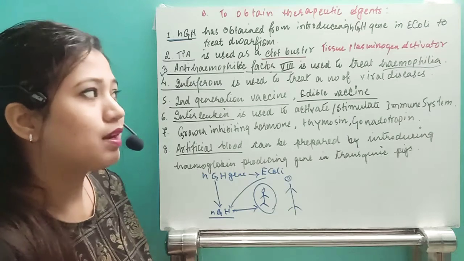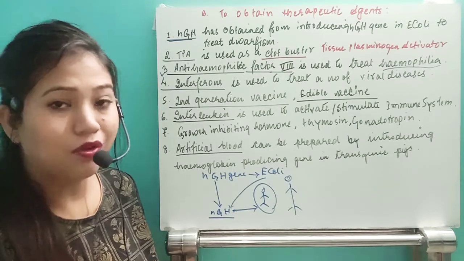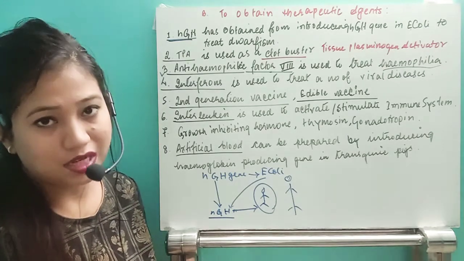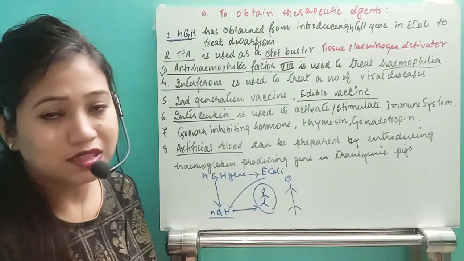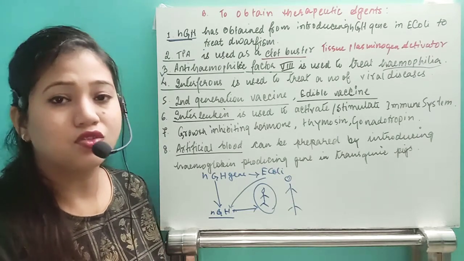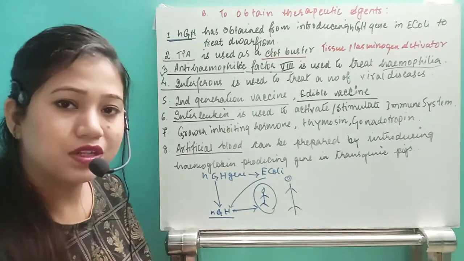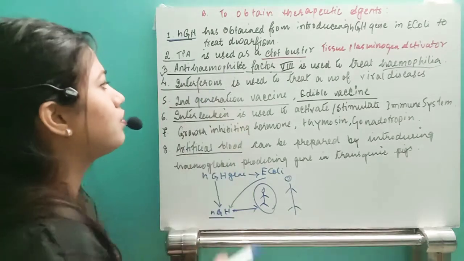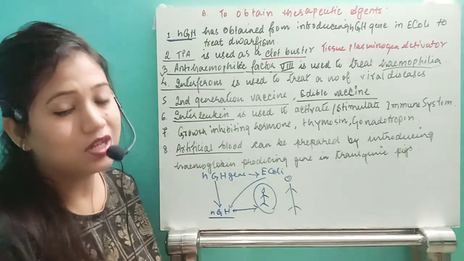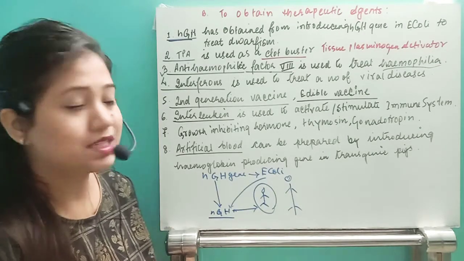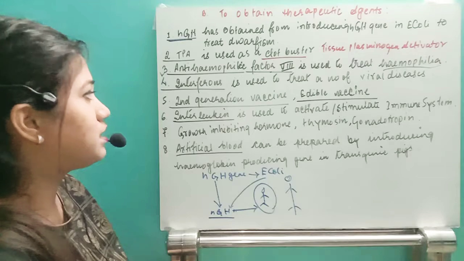So excessive release of blood from the body can lead to death. So this is the disease hemophilia. This is a genetic disorder. The people who are born with the disease hemophilia can be treated properly with the help of this artificial antihemophilic factor 8. Next one, that is interferon.